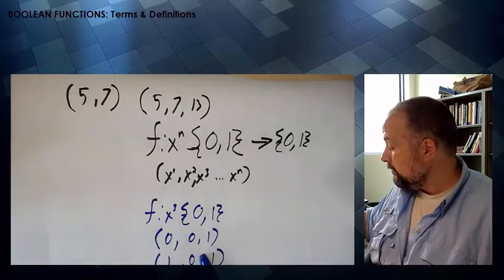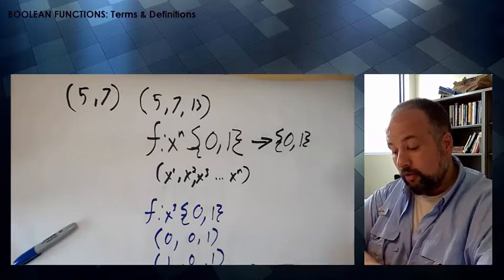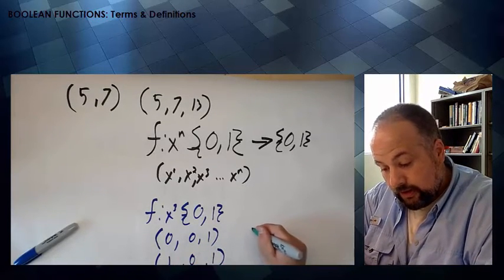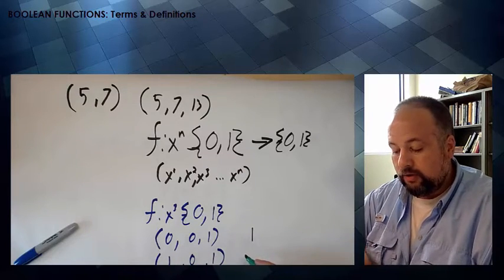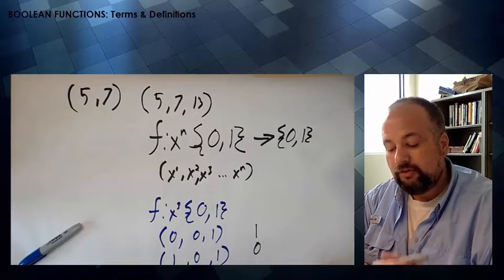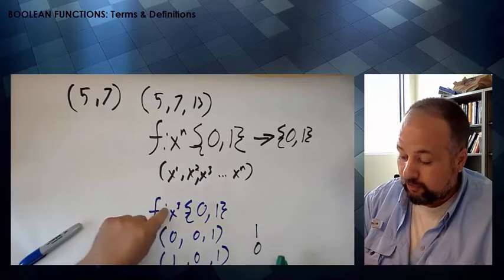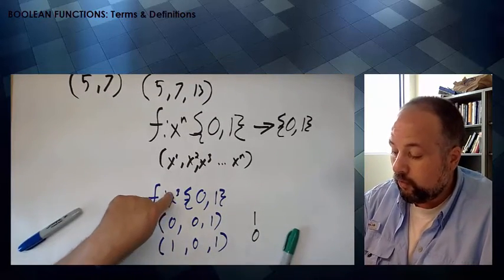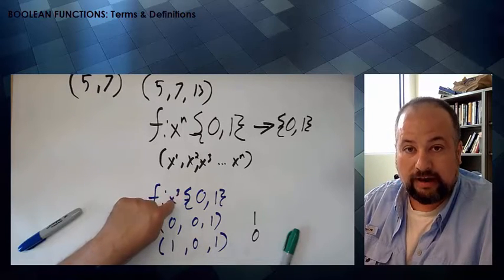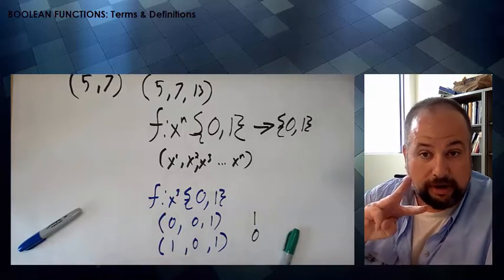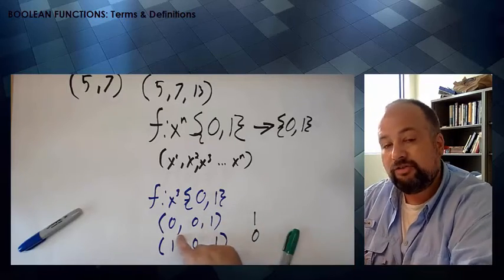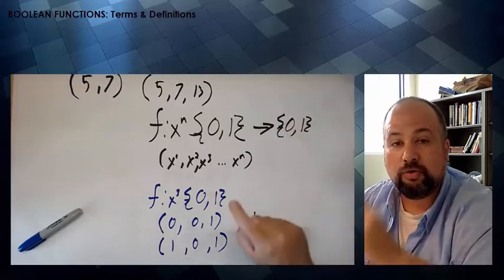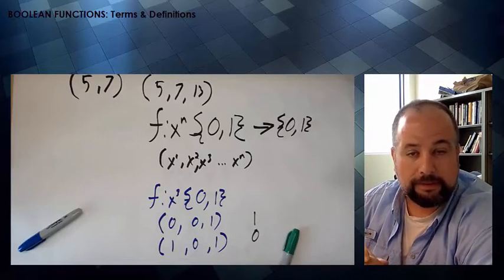Well, for our example here, we might say that 0, 0, 1 maps to 1, and 1, 0, 1 maps to 0. But for our specific example here, for x to the third, the 3-tuple, for each 3-tuple, we have to define an output, which is going to be a 0 or a 1.